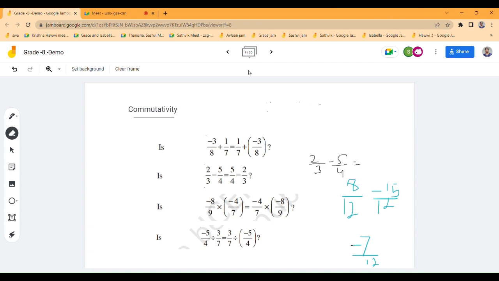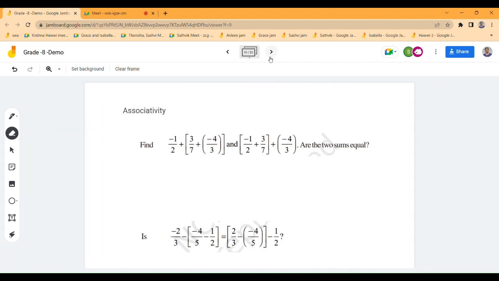And associative property. Do you know associative property? In terms of a and b, can you say? Ma'am, it's a plus, bracket, b plus c, which is equal to a plus b, plus c.